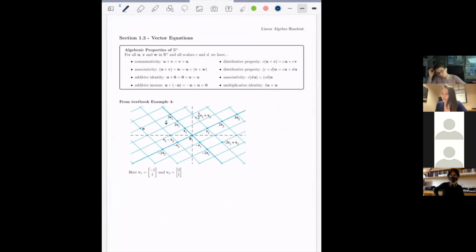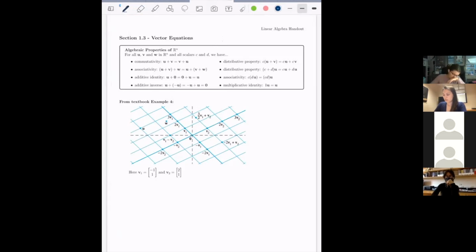The first thing is this stuff in this box, the algebraic properties of Rn. These are things that you might take for granted. We're stating them, but if you actually do some examples and work it out, they might seem kind of obvious, but it's good to make note that all of these properties are true.